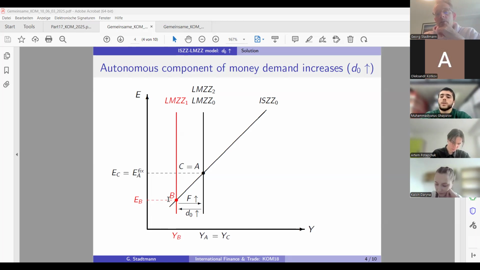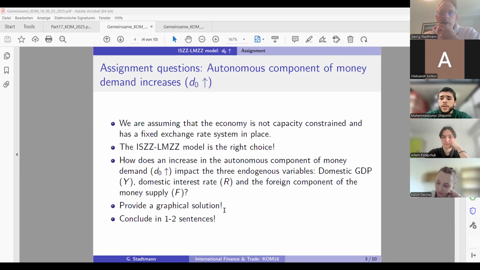The foreign currency is a weak currency which has to be supported. And then, the LM curve is shifting to the right again. And in a fixed exchange rate system, this shock is not affecting the GDP in a negative way.